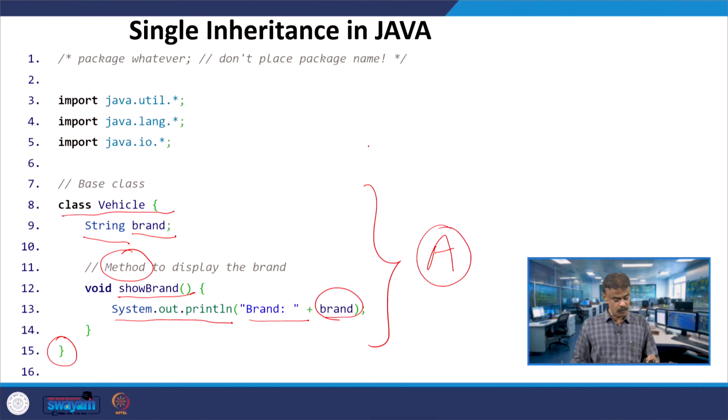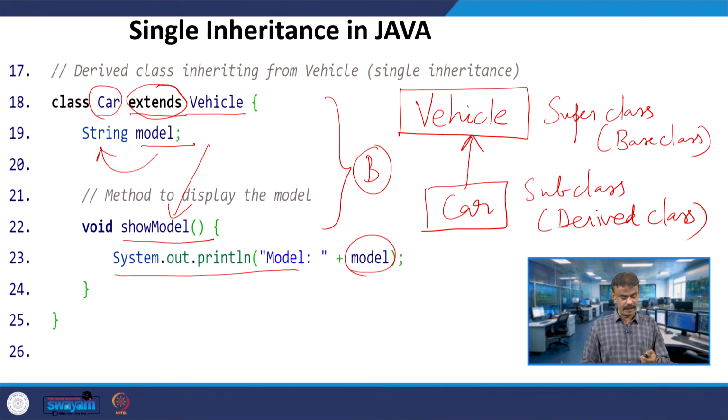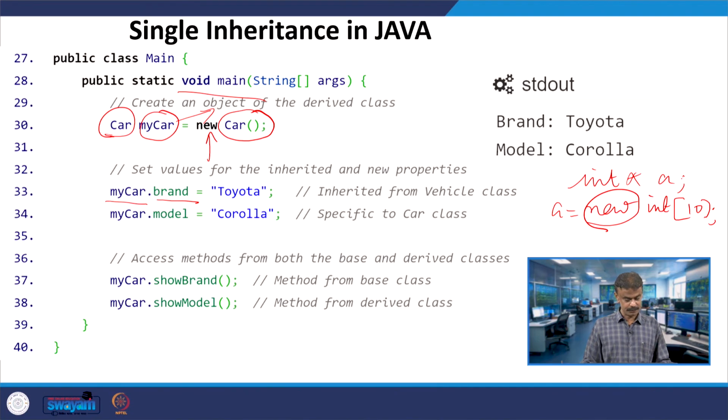The object you have created in main can access both brand and model. Brand is available in superclass A and the model is available in subclass B.